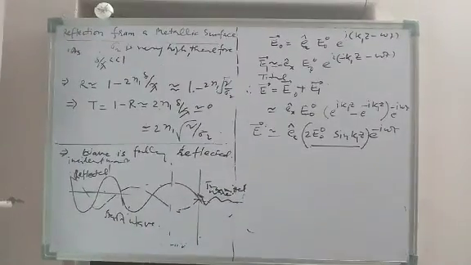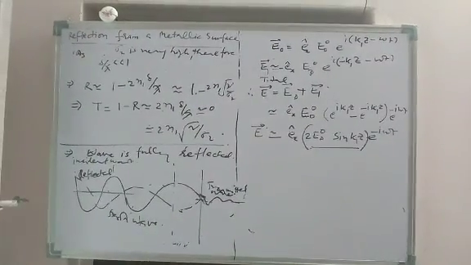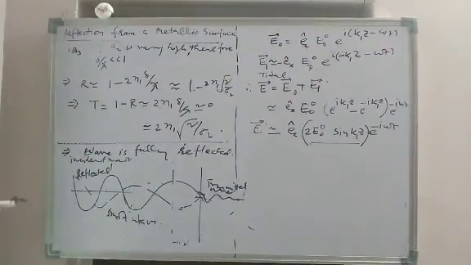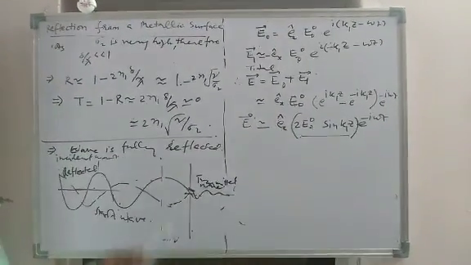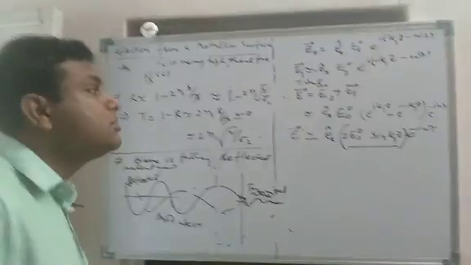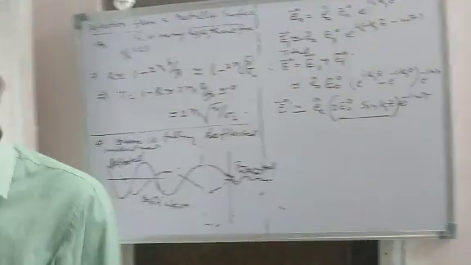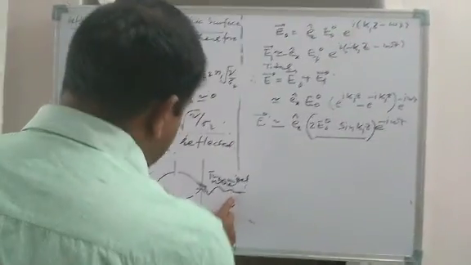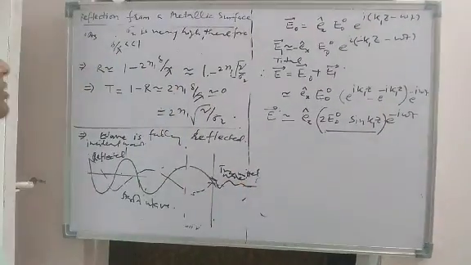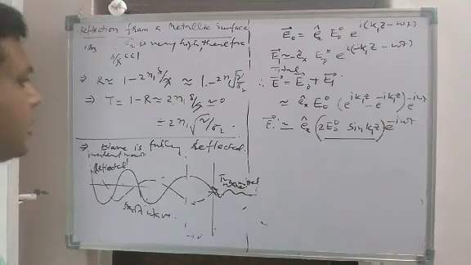So obviously this gives you some idea why conductors don't transmit any. The metallic surfaces do not transmit any electricity. Okay, so no chances of leakage. That's what it says from the surface of a metallic conductor.